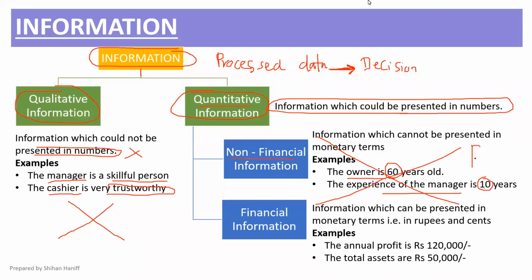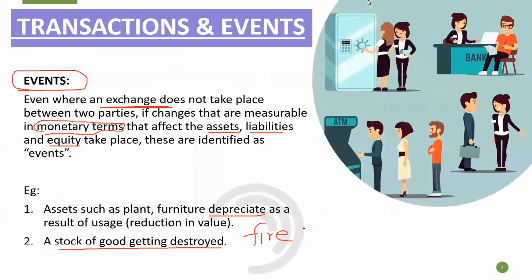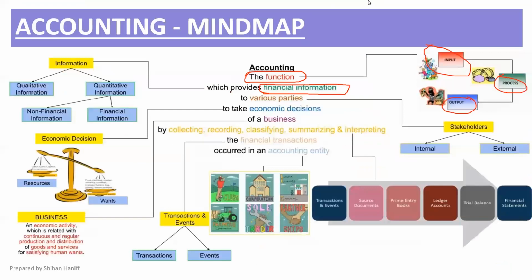These are called non-financial. There is no rupees and cents, no rupee value. We take only financial information. Financial information has the rupees and cents presented in monetary terms, money. So that is why we say accounting provides financial information.